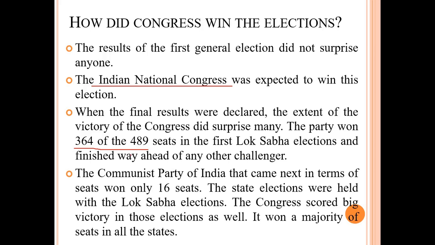The second party which got more seats was Communist Party of India, 16 seats. The state elections were held with Lok Sabha election, and the Congress scored big victory in those elections as well. Even in states, in most of the states, Congress Party won majority.